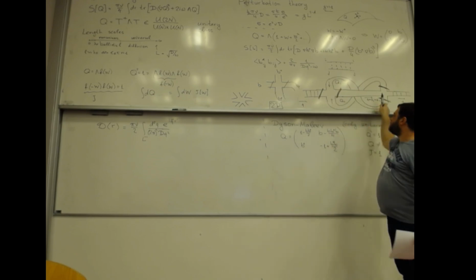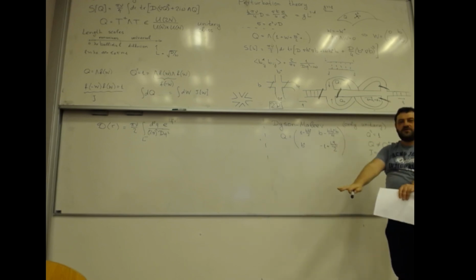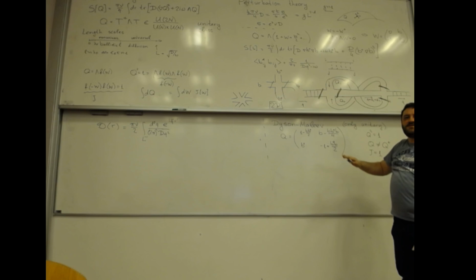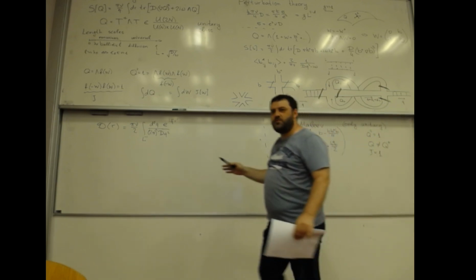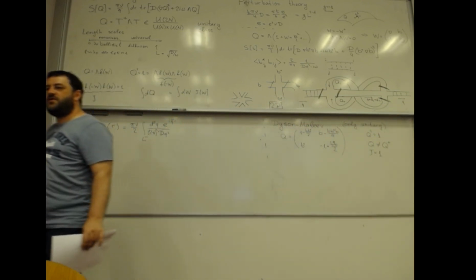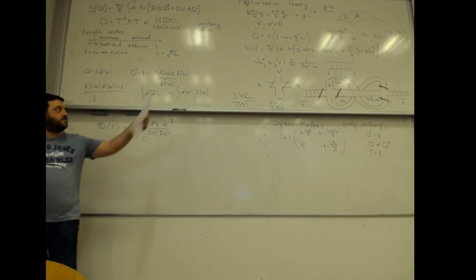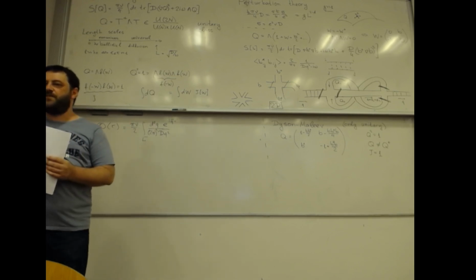So we have 2 vertices times 3 lines, which is 1 over diffusion constant. That's why large diffusion constant is small. You just count the number of loops. Each loop gives you an additional smallness of 1 over diffusion constant, 1 over G, dimensionless conductance.